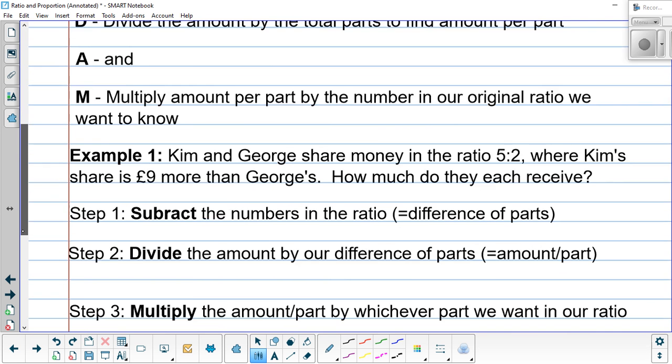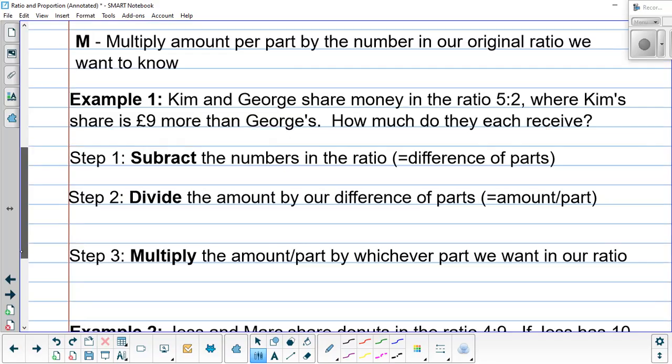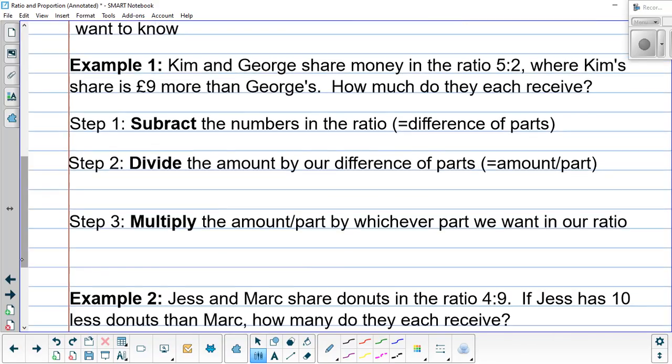So let's get into our example, so you can see where this actually comes from. Kim and George share in the ratio 5:2, where Kim's share is 9 pounds more than George. So that means in between this 5 and 2 there is 9 pounds, right?